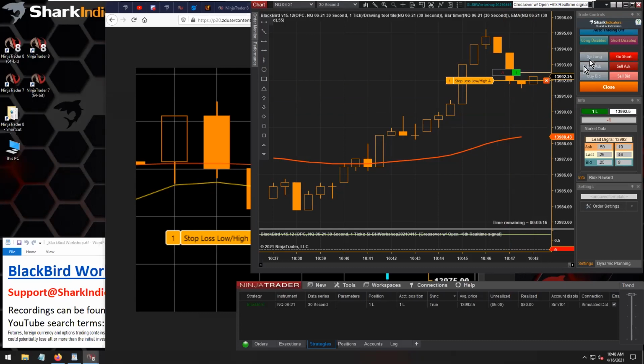So for a long trade, the stop loss started at the low and then took the close of the bar and added 1 tick. Let's do this one more time here.